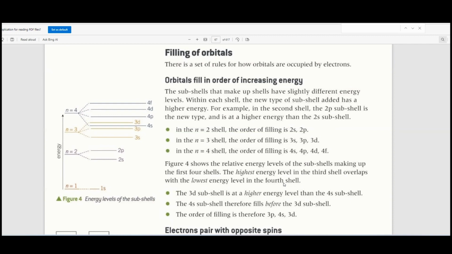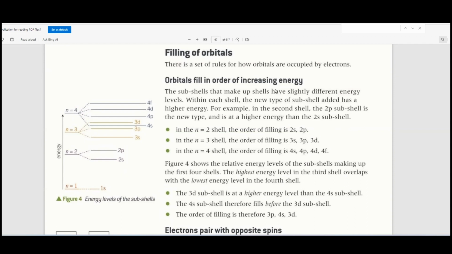So does 2s have more energy than 3s? 2s has less energy than 3s, definitely, because shell 2 overall has less energy than shell 3. But as we go up, like 2s, then 2p, 2p will have higher energy than 2s.